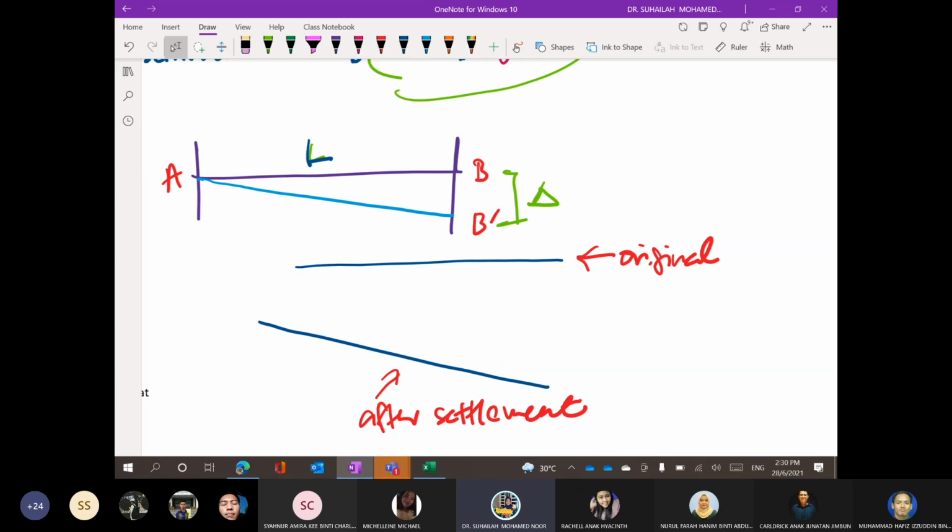Depending on the delta, if B is settled like this, or if A is settled and B remains, it will become like this, depending on the settlement.